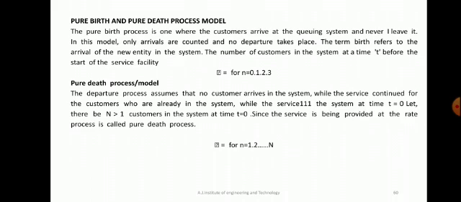The pure death process model, or departure process, assumes that no customer arrives in the system, while the service continues for the customers who are already in the system. While the number in the system at time t equals 0, let there be n greater than or equal to 1 customers in the system at time t equal to 0. Since service is being provided, the process is called a pure death process.